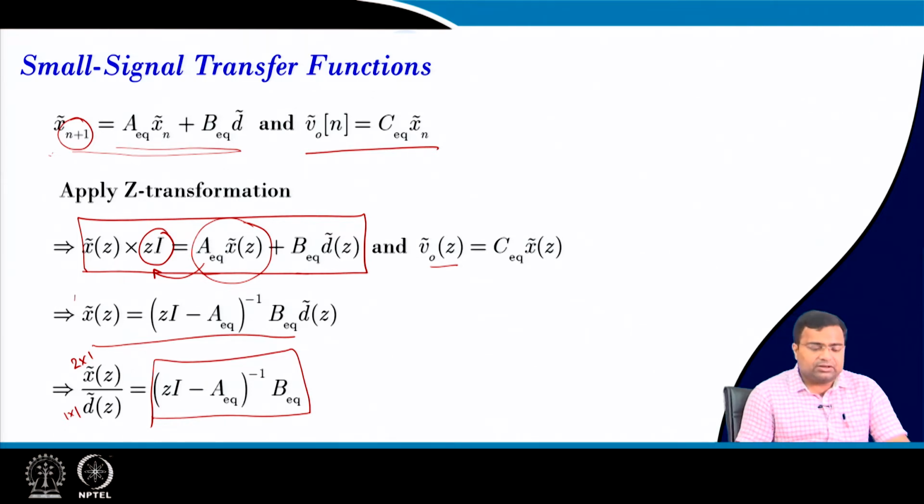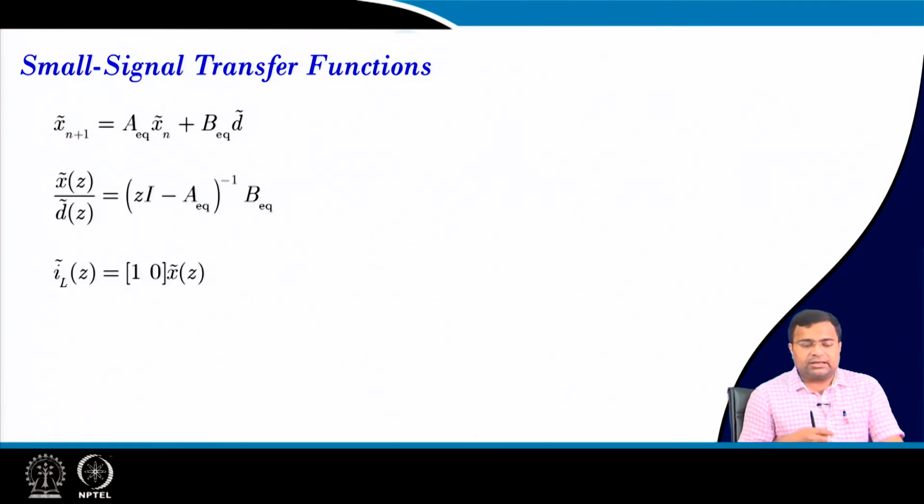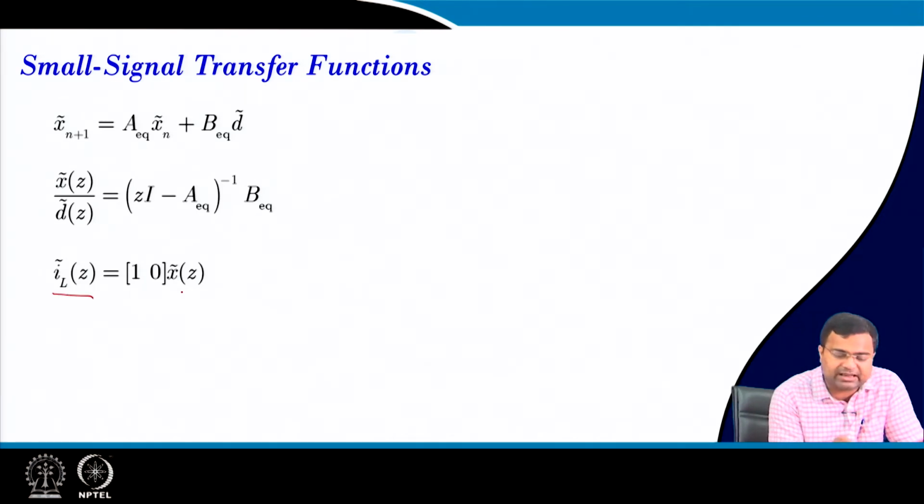That means, what are the 2 cross 1? The first term will be the current to duty ratio and the second term will be the capacitor voltage to duty ratio. So how do we extract the current from X(z)?